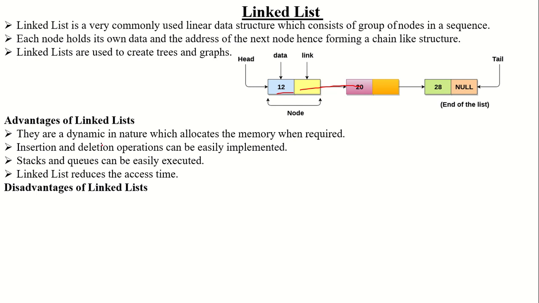So they are dynamic in nature, which allocates memory when required. Insertion and deletion operations can be easily implemented. Stack and queue can be easily executed. By using a linked list, we can easily implement the operations of a stack as well as a queue. Linked lists reduce the access time.